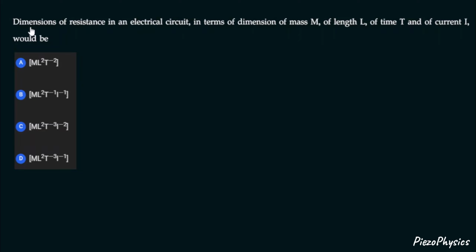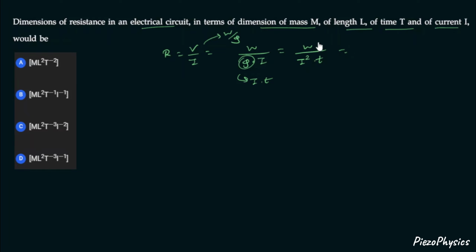The next question is: the dimension of resistance in an electrical circuit, in terms of the dimensions of mass M, length L, time T and current I, would be? As we know, resistance is given as V by I. V is the potential difference, which is work done per unit charge. It can be written as W divided by Q into I. Again, charge is made up of I into T, so it can be written as W divided by I squared into T. Now, as we know, work has dimension M1 L2 T minus 2.